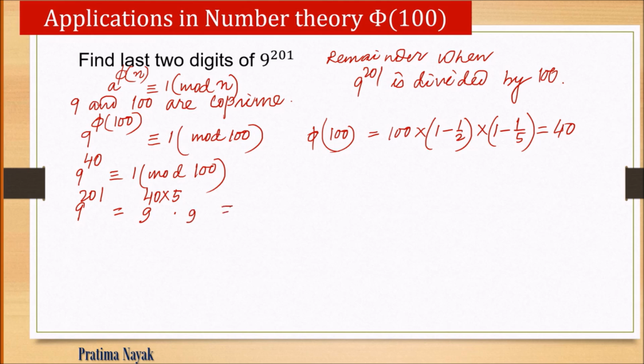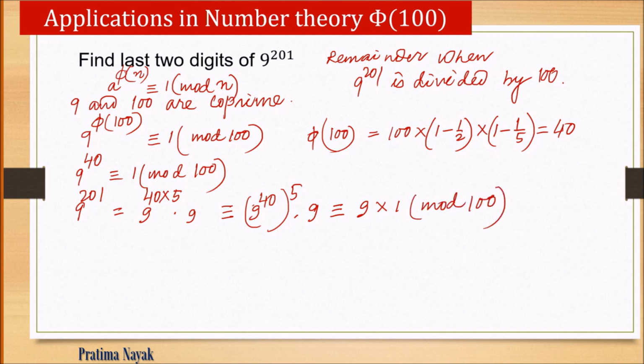So this is congruent to, this leaves remainder 1, because 9 to the power 40, whole power 5, times 9 is congruent to 9 multiplied by 1 modulo 100.